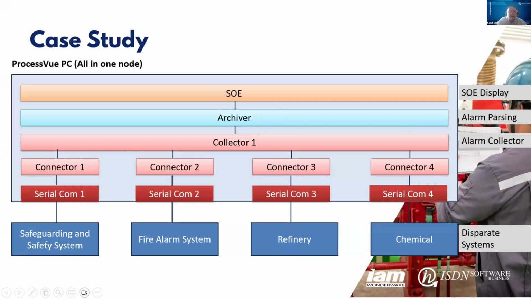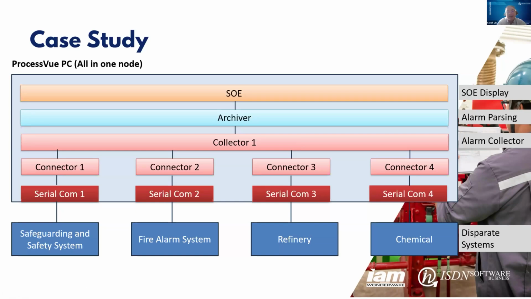What I mean is that maybe the safety guarding alarm system you got from vendor 1, the fire alarm system from vendor 2, the refinery from vendor 3. Different vendors and different alarm providers would have different ways to display and show their alarms. So what you want is to have it in a holistic view, but you don't want it to be in different ways of showing the alarms as well.